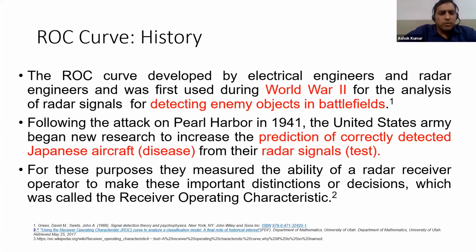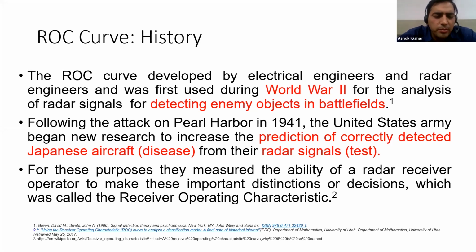The ROC curve was developed by electrical engineers and radar engineers and was first used during World War II for the analysis of radar signals for detecting enemy objects in the battlefield. Following the attack on Pearl Harbor in 1941, the United States Army began new research to increase the prediction of correctly detected Japanese aircraft from their radar signals.